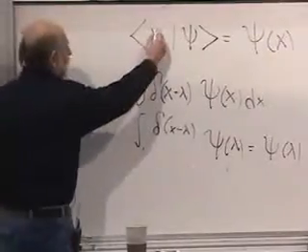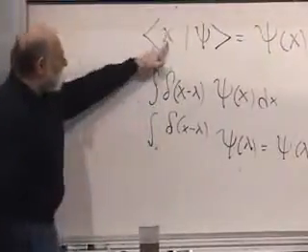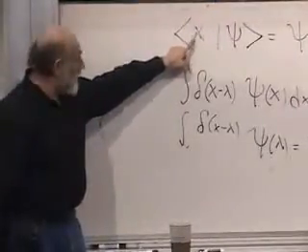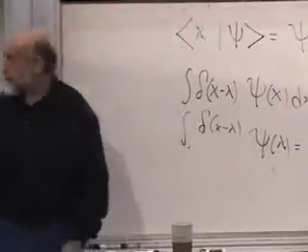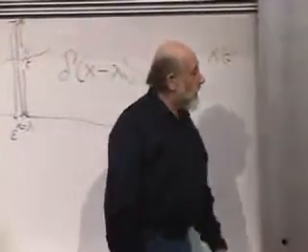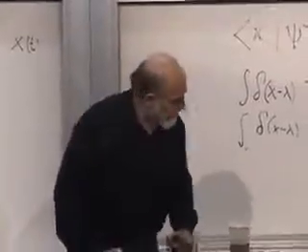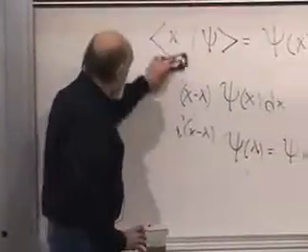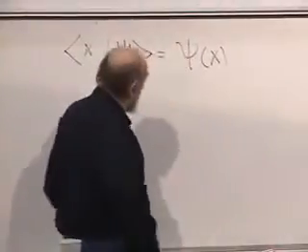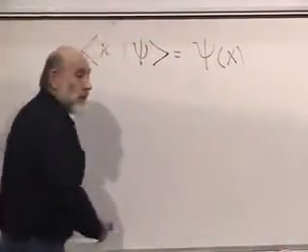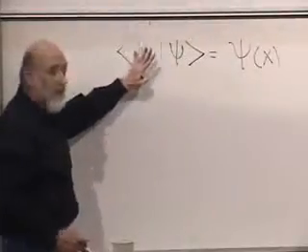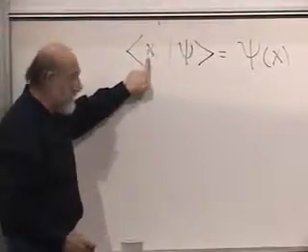With this inner product, I've changed notation: instead of calling the eigenvalues lambda, I've called them x themselves now. This corresponds to a wave function localized right at x. Okay, so where are we now? We now know mathematically that psi of x is just a component of the vector psi along the basis vectors x.